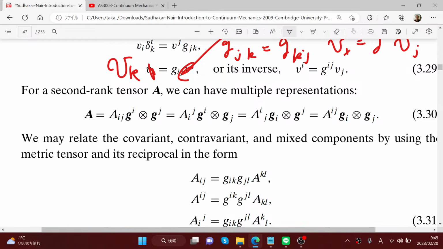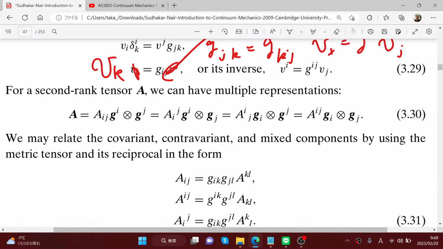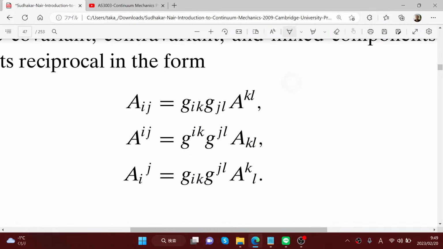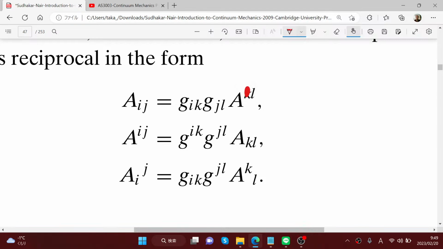Okay, we may relate the covariant, contravariant, and mixed components by using the metric tensor and its reciprocal in the form Aij. So this one you can put down. Yeah, you can put this k down, l down.